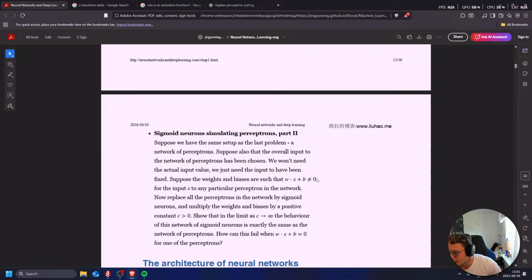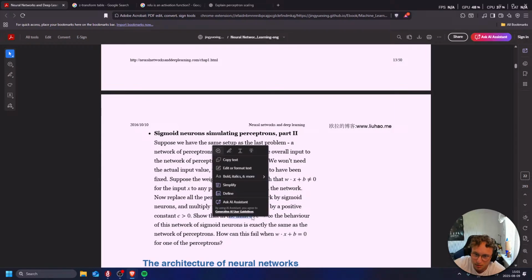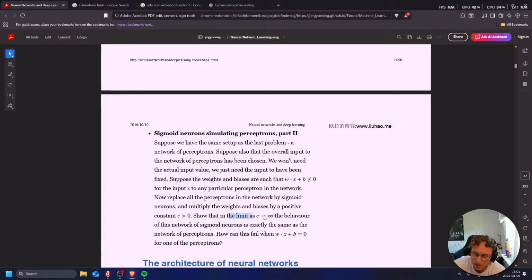Okay, so I have to understand this correctly. First of all, we assume that the input is not equal to 0. Then we have a constant C, which is a positive number greater than 0. Show that in the limit as C goes to infinity, the behavior of this network of sigmoid neurons is exactly the same as the network of perceptrons.